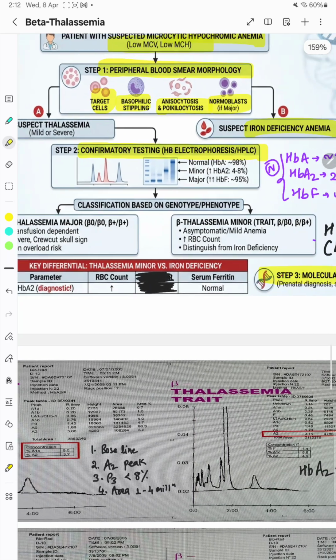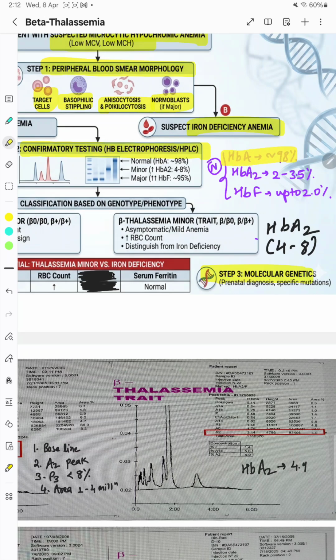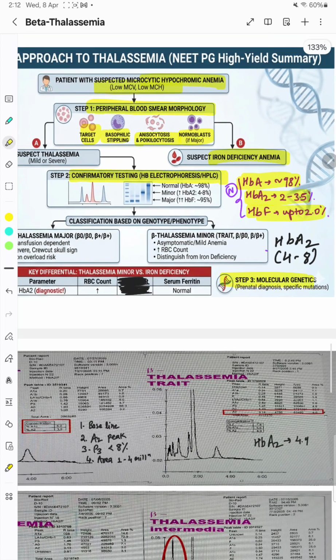On HPLC or hemoglobin electrophoresis, in a normal individual or in iron deficiency anemia, HbA is around 95 to 98%, HbA2 is somewhere between 2 to 3.5%, and HbF is up to 2%.